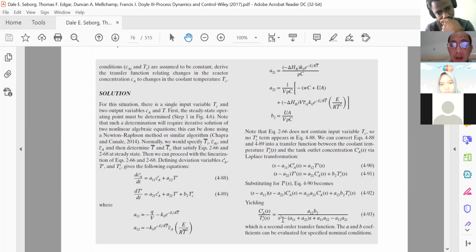We can see that in the denominator the power of S is 2 and the power of S in the numerator is 0, because it is a constant. So we can say that this transfer function is physically realizable. So this is the model of a CSTR.